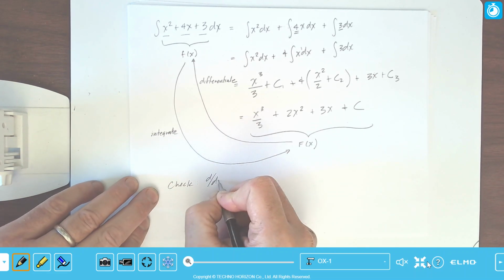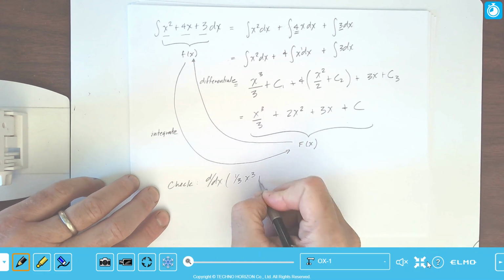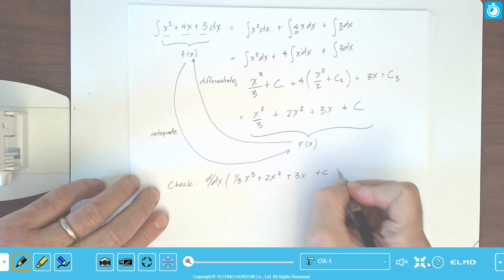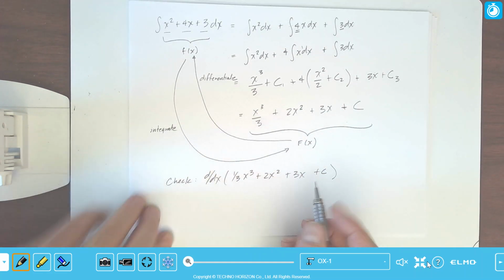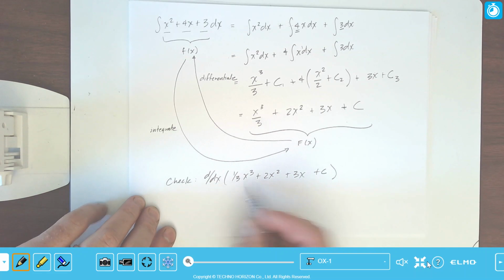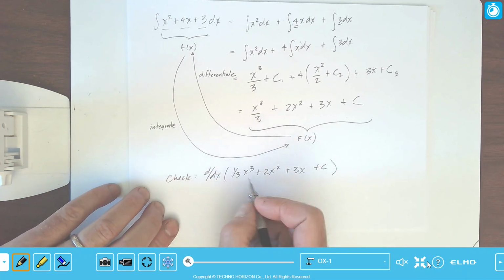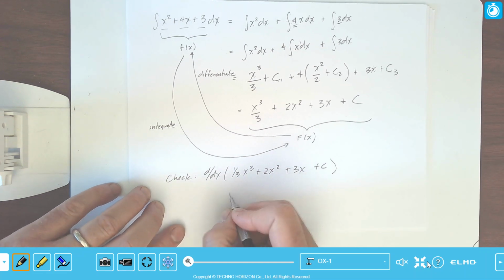Take d by dx of this function, I'm going to call it 1/3 x to the third plus 2x squared plus 3x plus constant. And we know how to do this quickly. I'm not going to do it slowly, but differentiate each of the parts, bring the constants out in front, and differentiate just the functions. Here the 3 would come out in front, cancel with the 3, and the exponent would come down by 1 power.